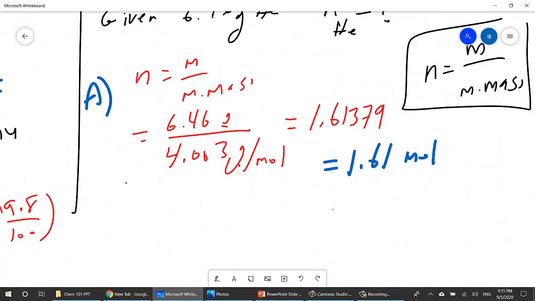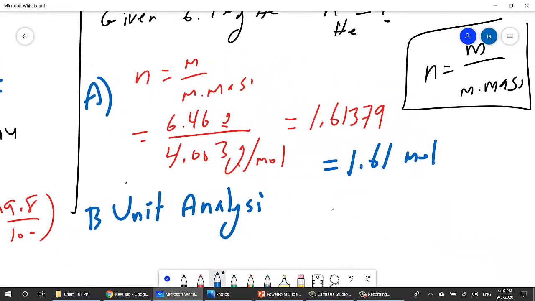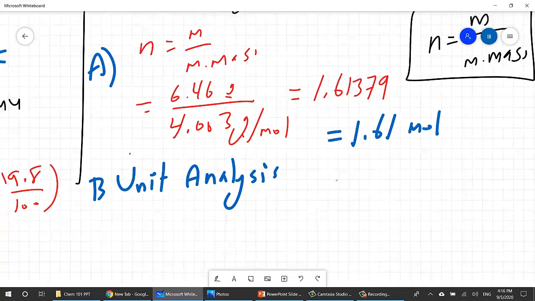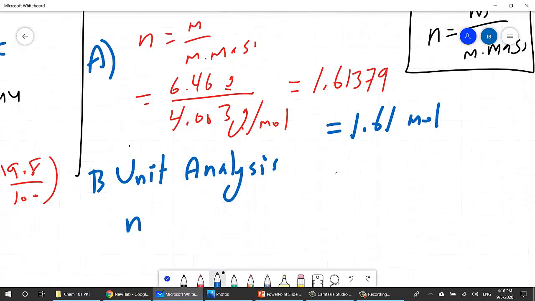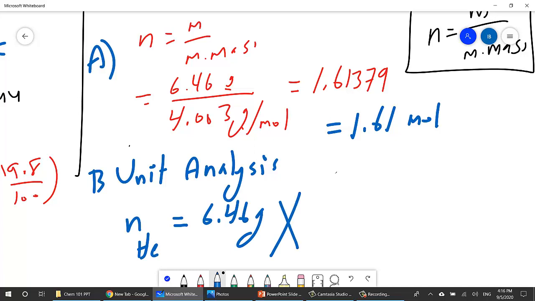If you want to use unit analysis, what you do is you bring the grams that is given to you. So you say I need the number of moles of helium is equal to something, so 6.46 grams, and then you multiply by something that will give you moles.